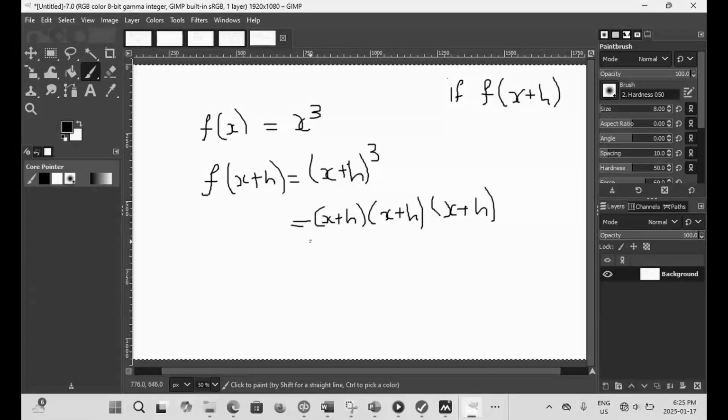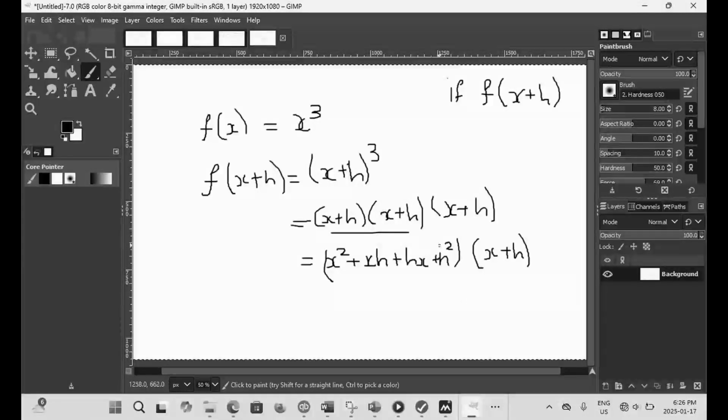Now what you want to do is solve for the first two. So x squared plus xh, plus hx, plus h squared, into x plus h.